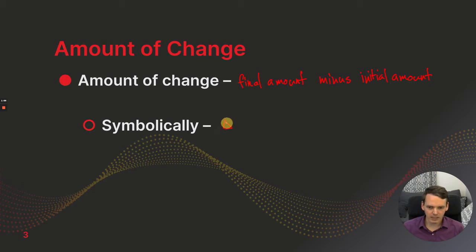Symbolically, we represent this as delta x equals x minus x naught, or x0. So this right here, that's the Greek letter delta. And so like I said, we say this as delta x equals x minus x naught, or x0.